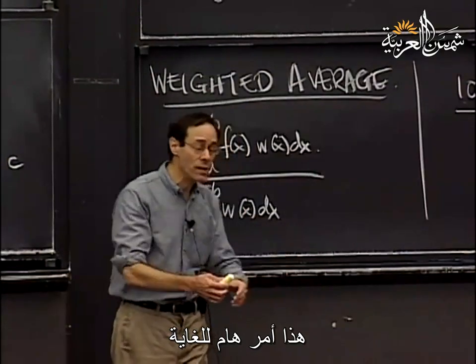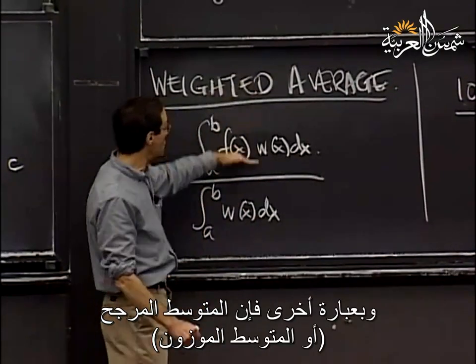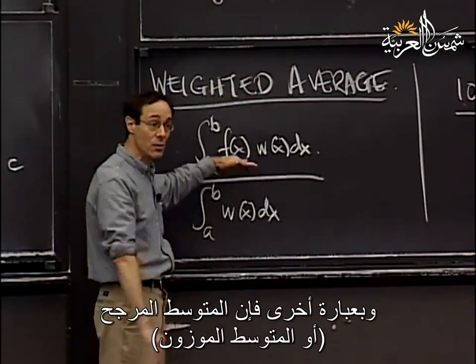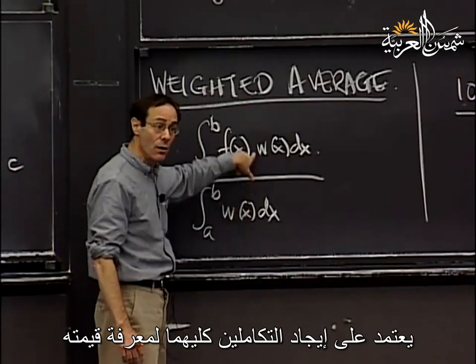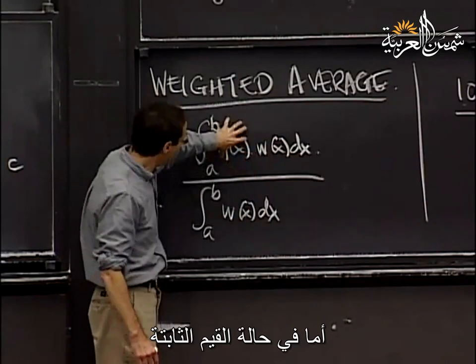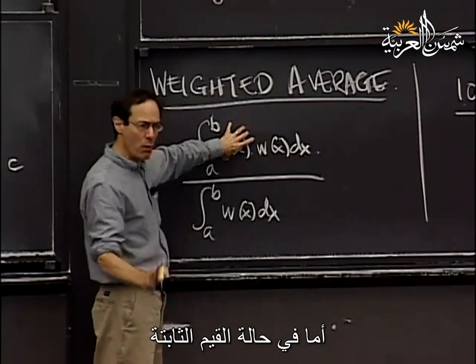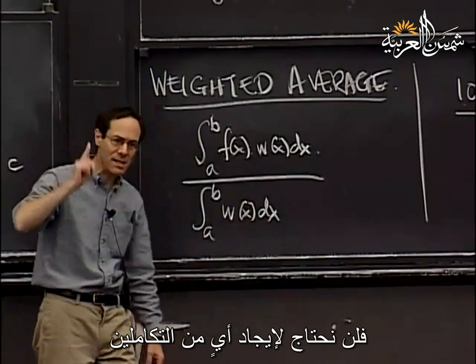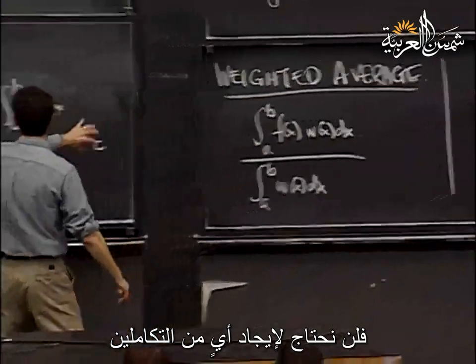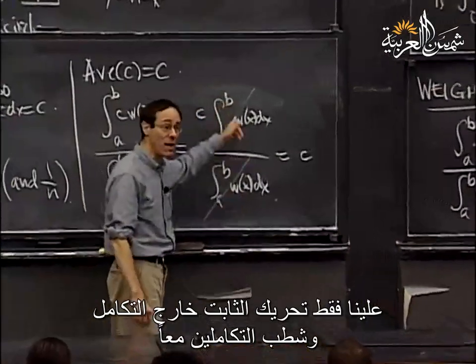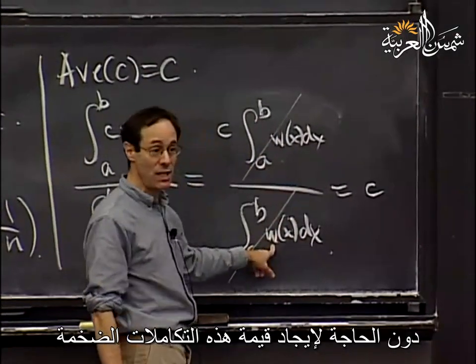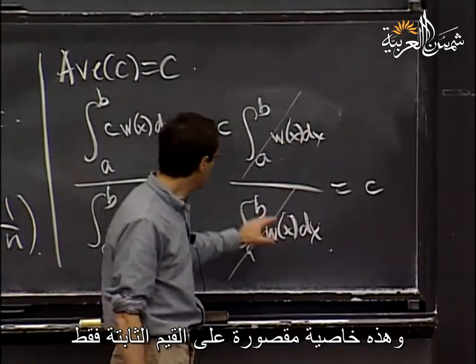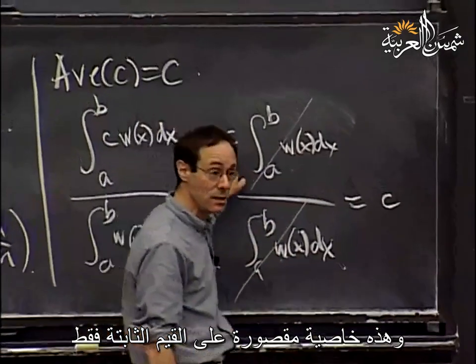That's extremely important, and that is the whole point. So in other words, the weighted average is very interesting because you have to do two different integrals to figure it out in general. When it happens that this is C, it's an extremely boring integral, which in fact, because it's an average, you don't even have to calculate at all. You factor it out and cancel these things and never bother to calculate these two numbers. So these massive numbers just cancel. Right, so it's a very special property of a constant that it factors out.